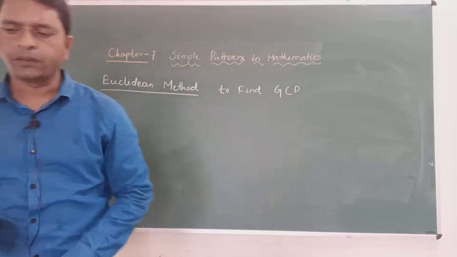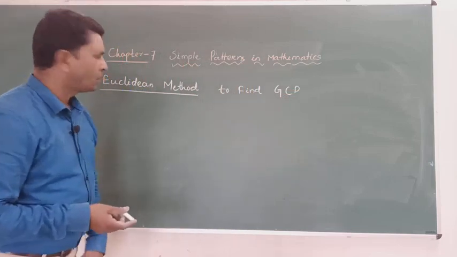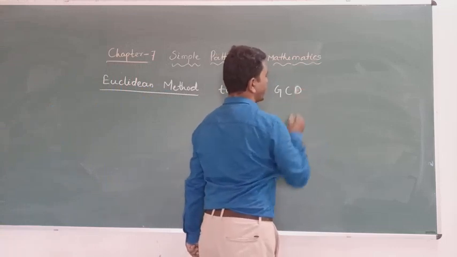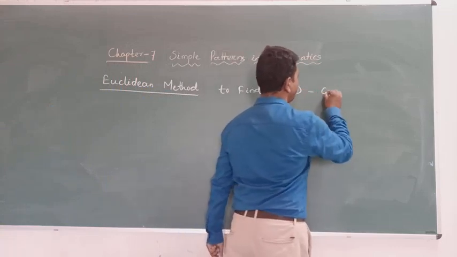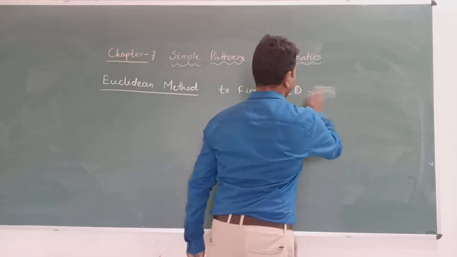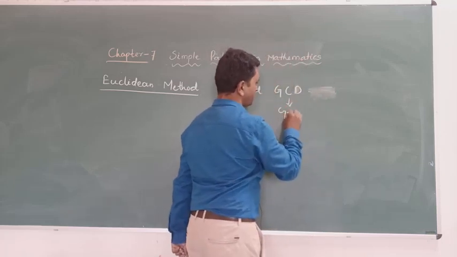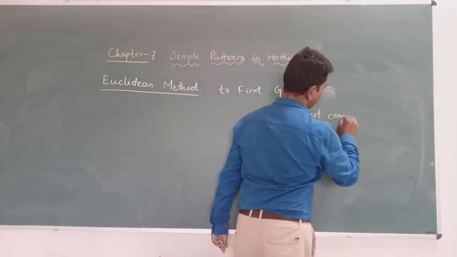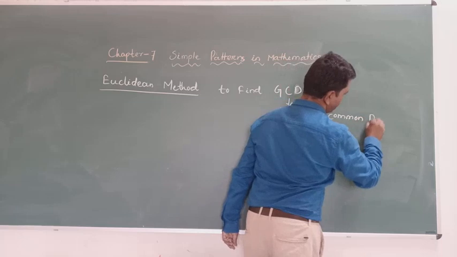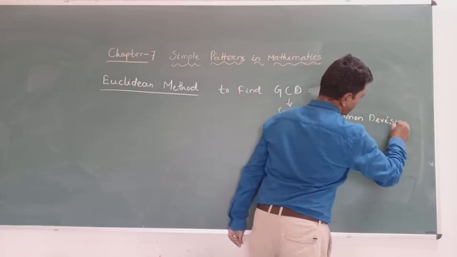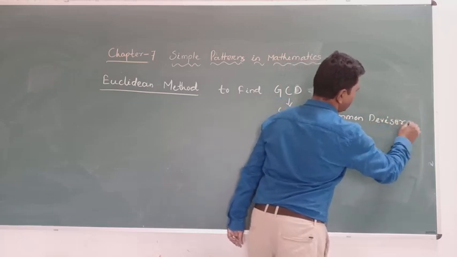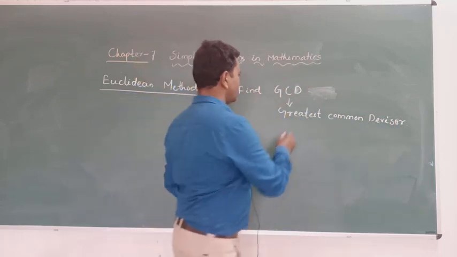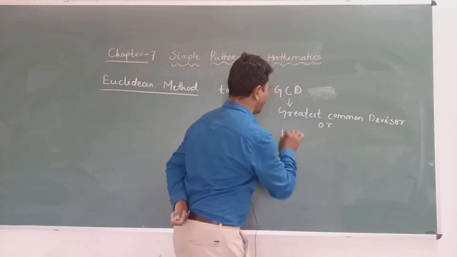GCD is also called greatest common divisor, or it is also the highest common factor.